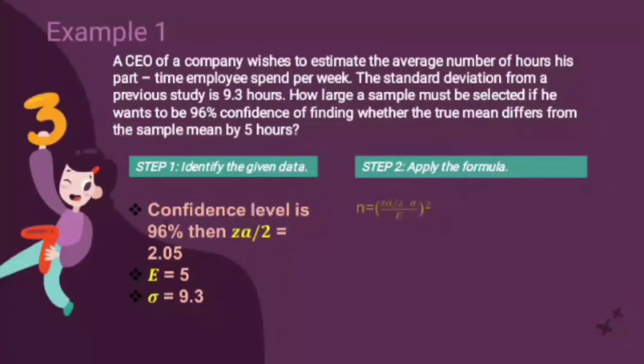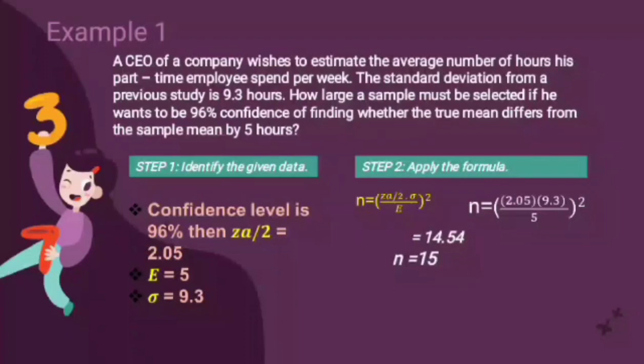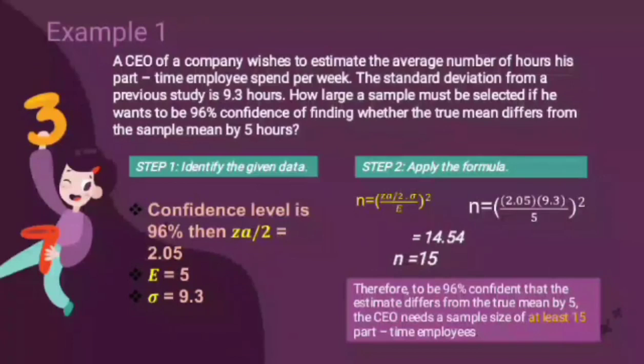We just need to substitute the given data into the formula. You will get the answer of 14.54, which is equivalent to the nearest whole number of 15. Therefore, to be 96% confident that the estimate differs from the true mean by 5, the CEO needs a sample size of at least 15 part-time employees.